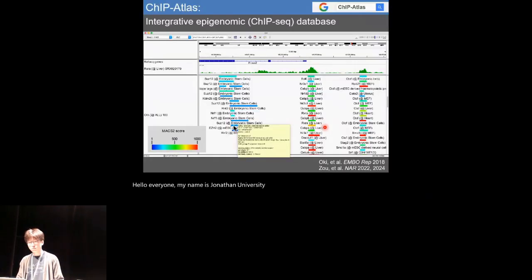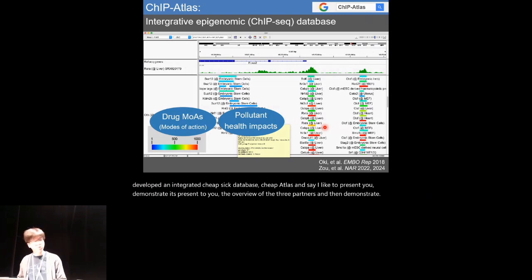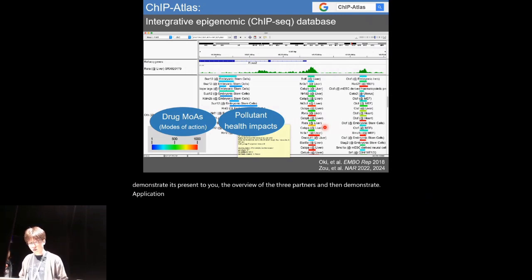And in the recent decade, our team has developed an integrative ChIP-Seq database, ChIP-Atlas. And today I'd like to present you the overview of the ChIP-Atlas and then demonstrate its application, especially on analyzing drug modes of action and environmental pollutant health impact.